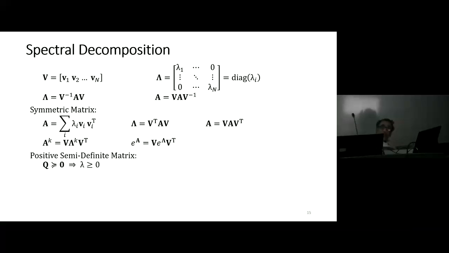Correct? But singular values are always positive. So, again, no. For a positive definite matrix or a positive semi-definite matrix, what can you say? In that case, yes. And that's from the uniqueness property of singular value decomposition.